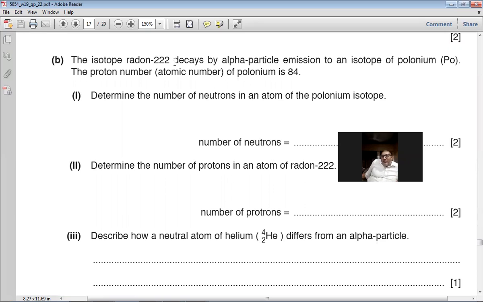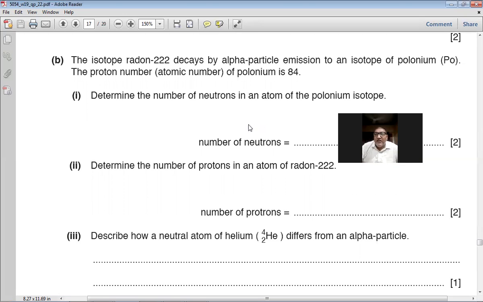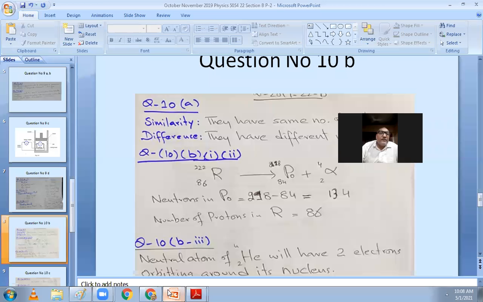Another very important piece of information is that alpha decay happened, an alpha particle is given out. So I know the daughter nucleus, I know the parent nucleus, and I know that an alpha particle is given out. The question is to determine the number of neutrons in an atom of the polonium isotope. Let me show you how I have done this. It's a 2 mark question.